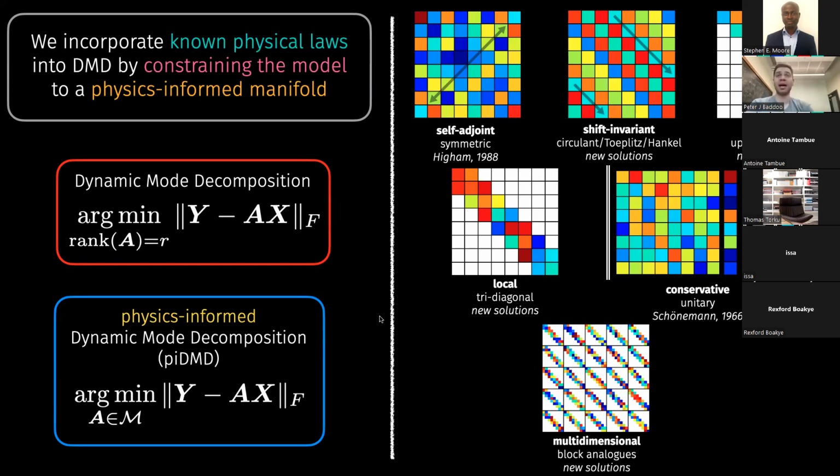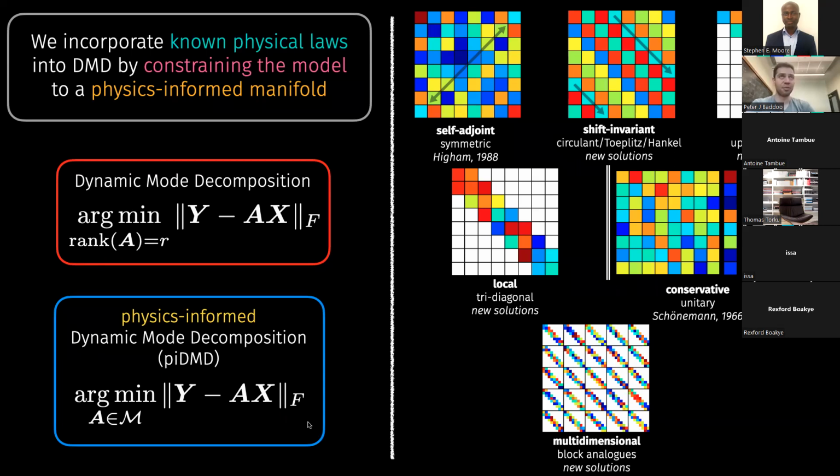For example, if we know that our system is self-adjoint, we might say that M is the class of symmetric matrices. Or if we know that our system preserves energy, then we might say that M is the class of unitary matrices. So technically, M is a matrix manifold, a Riemannian submanifold embedded in the space of n by n matrices.